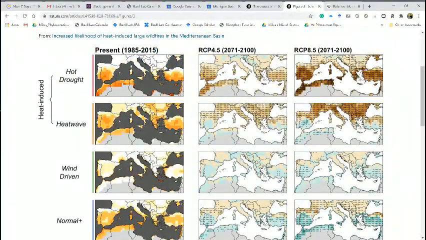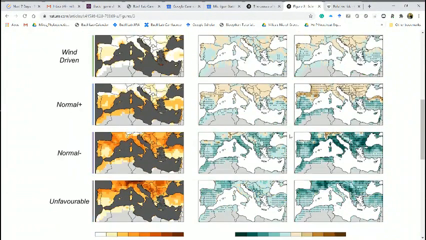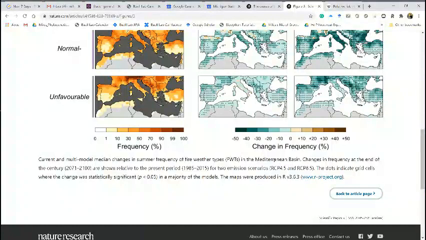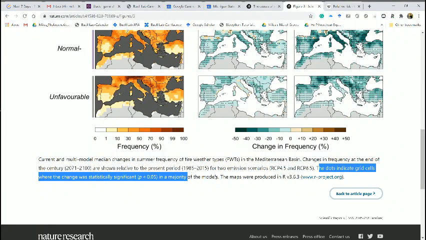I didn't know that the Mediterranean had that many wildfires. I just never thought of the basin as... well, I obviously don't live there, so I don't know much about the area. What do these black dots mean? Lots of black dots. Showing relative to the present period, the dots indicate grid cells where the change was statistically significant.